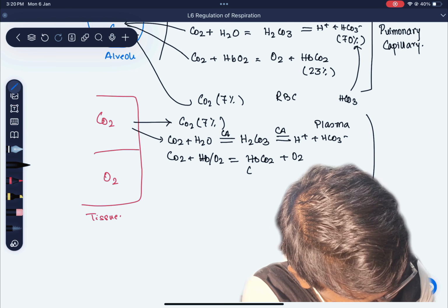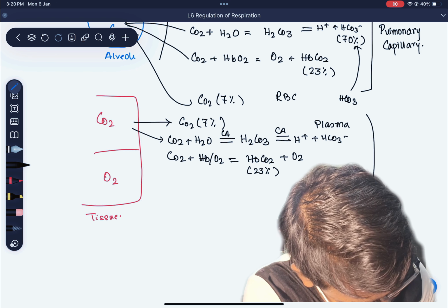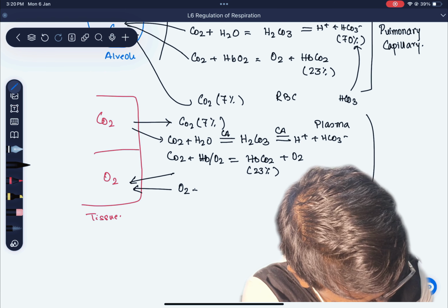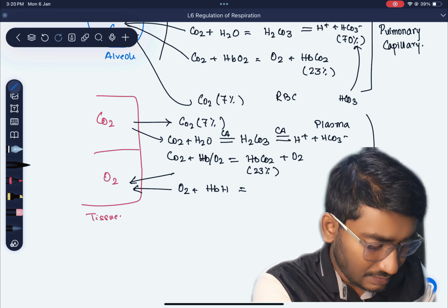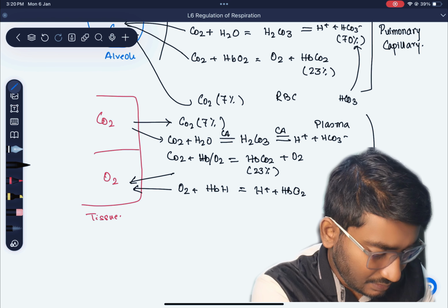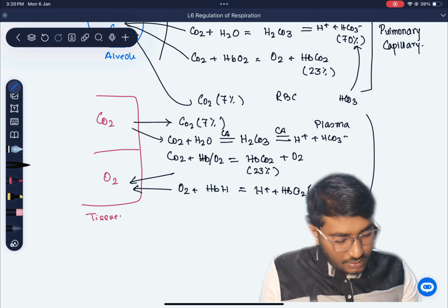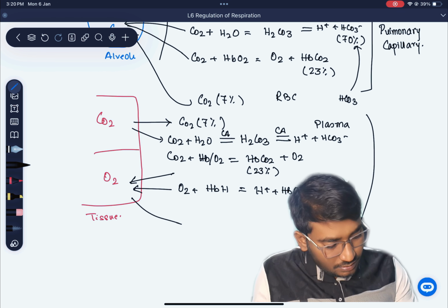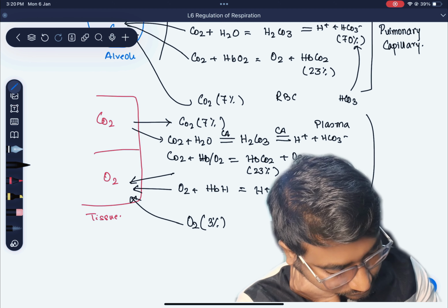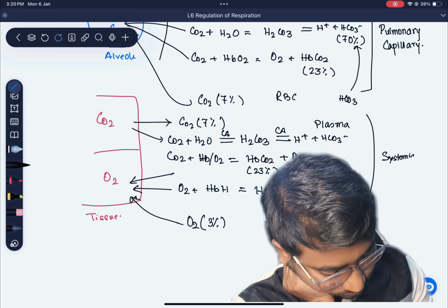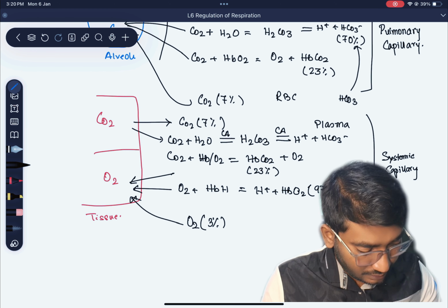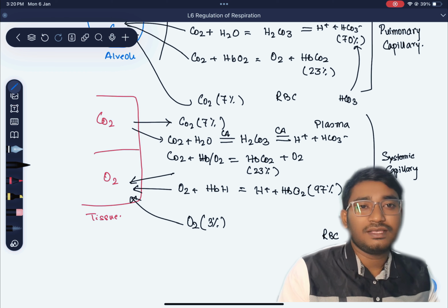HbCO2 is 23%. In case of oxygen, O2 plus Hb equals H plus plus HbO2. HbO2 is 97% at the tissue level, so oxygen free is 3%. This is the systemic capillary, here RBC. This is the gist diagram.